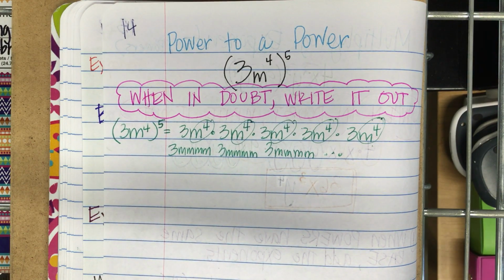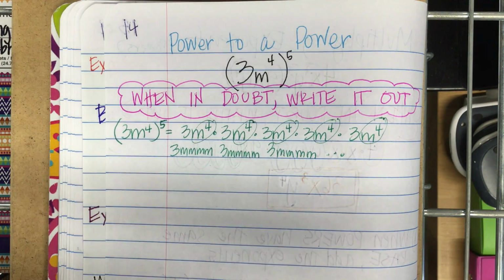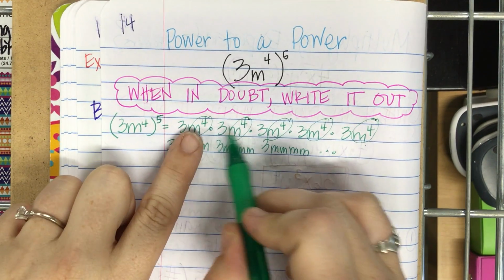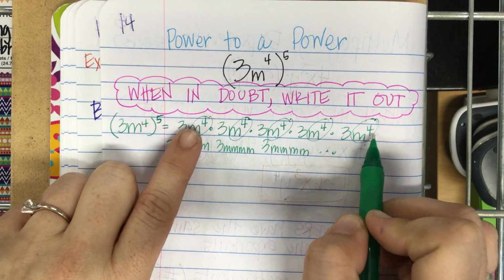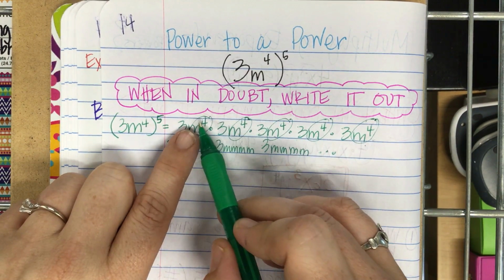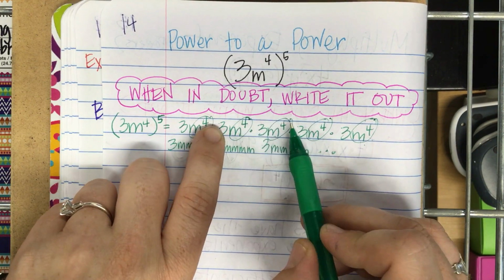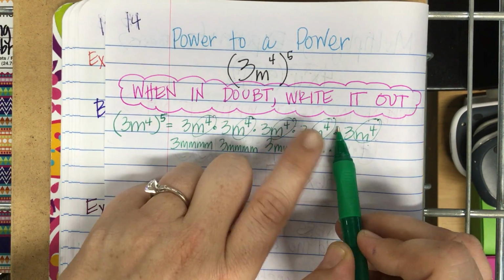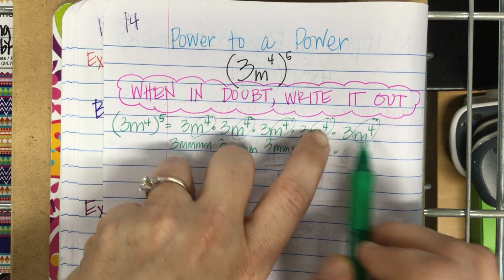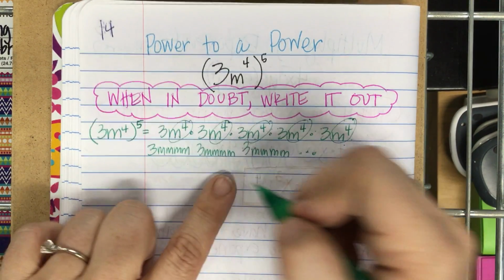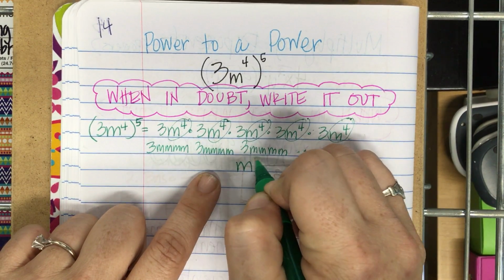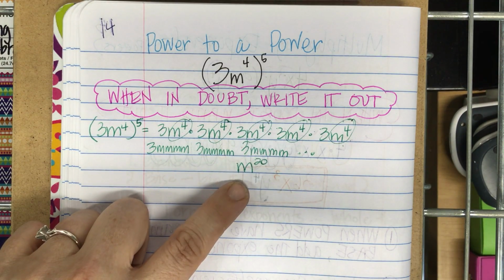Or you could say, oh wait, hold on, Mrs. Long, I remember. If they have the same base, m, I can add the exponents. 4 plus 4 is 8, plus another 4 is 12, plus another 4 is 16, plus another 4 is 20. So it would be m to the 20th, right?